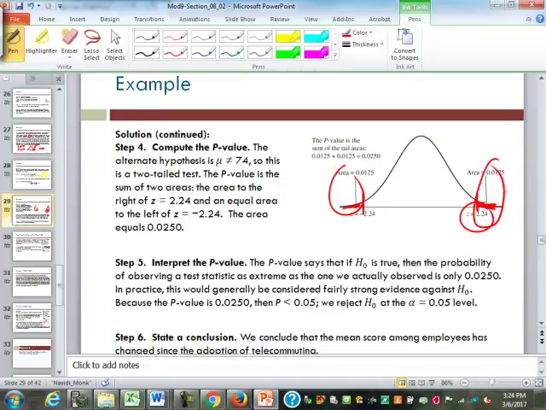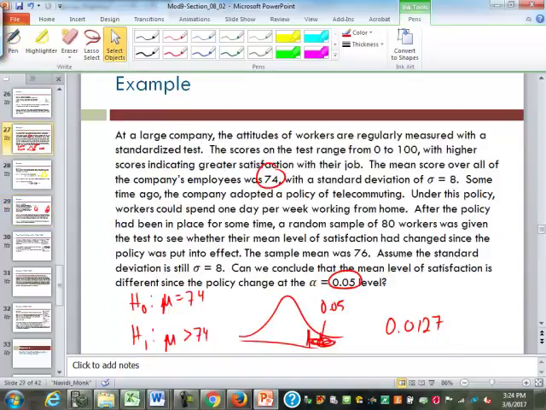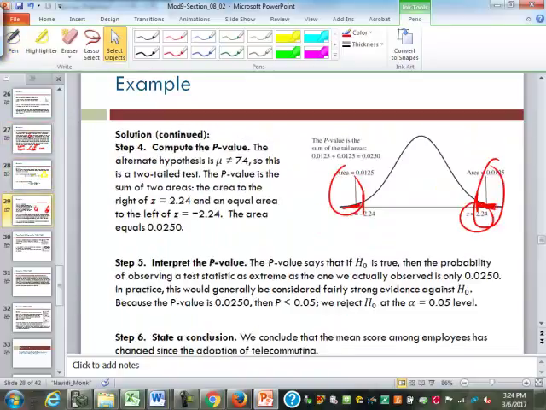So the probability of being greater than negative 2.24 is 0.0127. So it's 0.0127 out here and 0.0127 out here if we find the probability of being less than negative 2.24. If we add those together, we get about 0.0254.